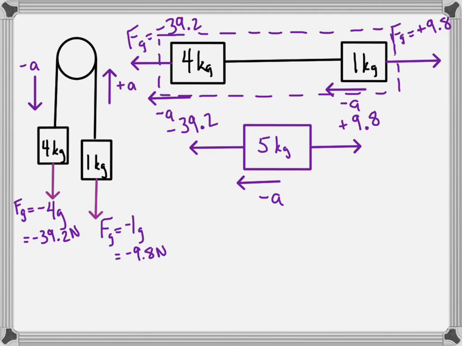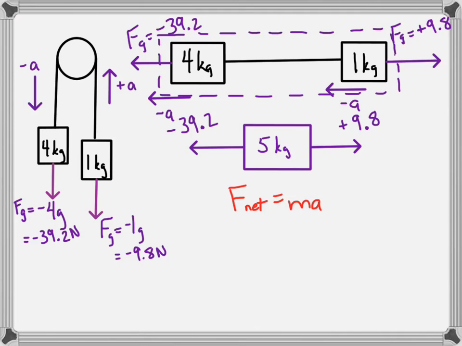But this one's much simpler because now we just have one version of Newton's second law to write. And I wrote over this -a here, so let me erase that. There we go, make that clearer. Okay, so I have net force equals mass times acceleration.